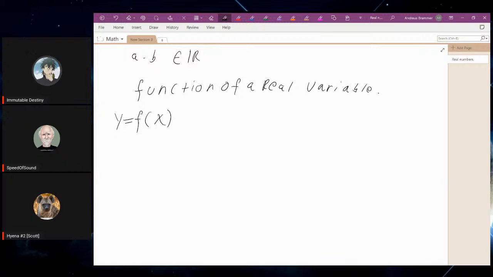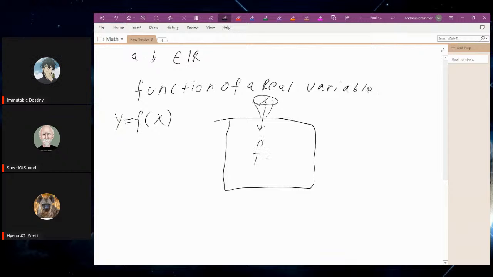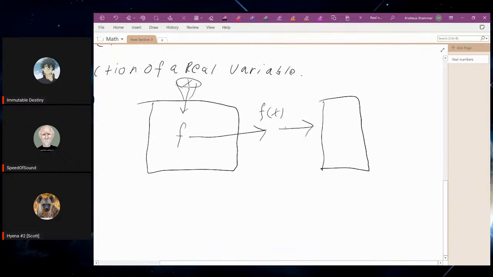And so you can think about it as being a machine of sorts. What you can think about this being in general is that for every value of x that I feed into this process f, the function f acts on that variable in some way by process f of x, and the result that it spits out is some new thing called y.